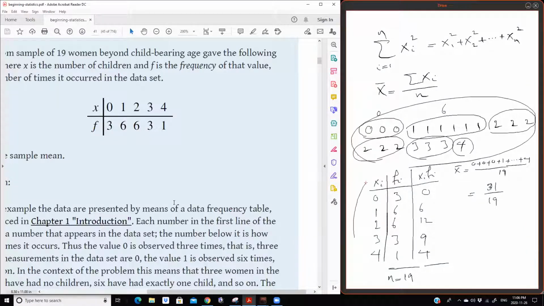To get x bar, you can use sigma xi fi, the sum of the numbers in this column, divided by n. And the sample size n is simply sigma fi. If you just add up all the numbers here, you get n. Is that clear? Any questions?